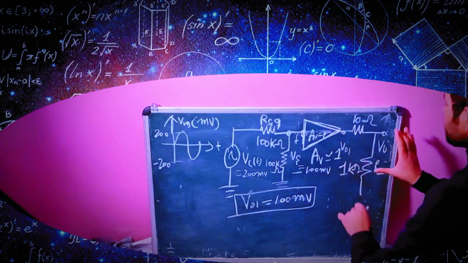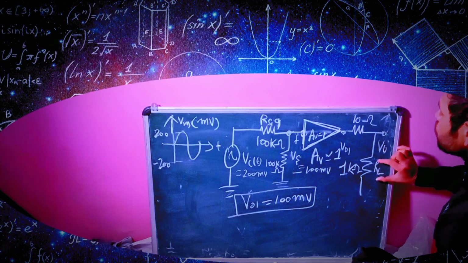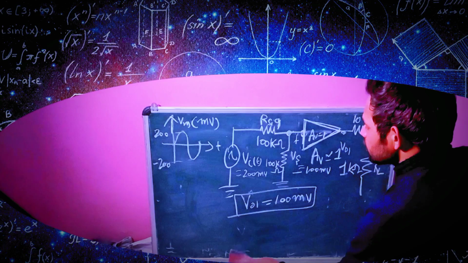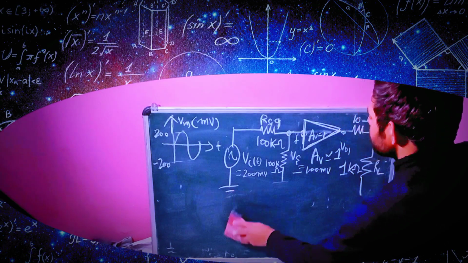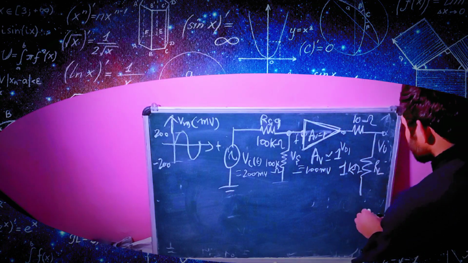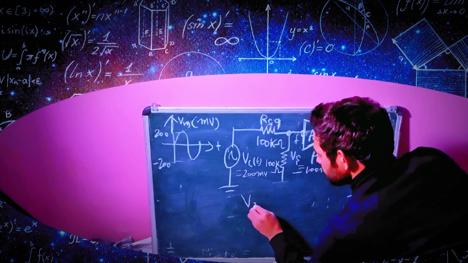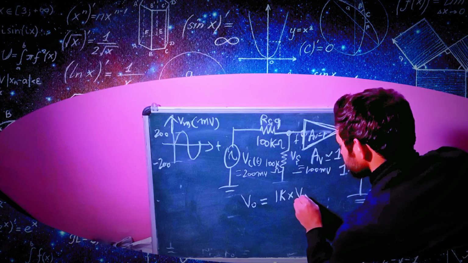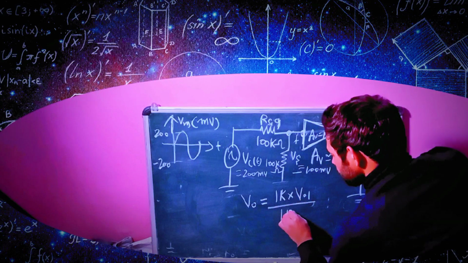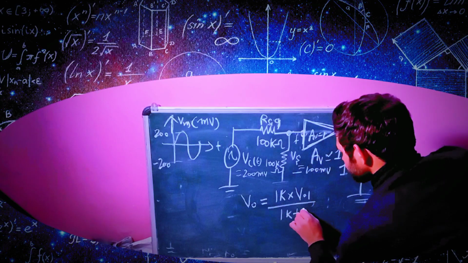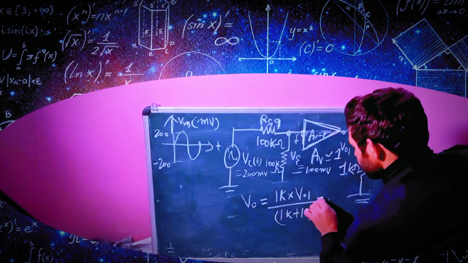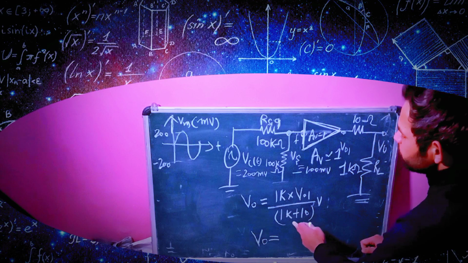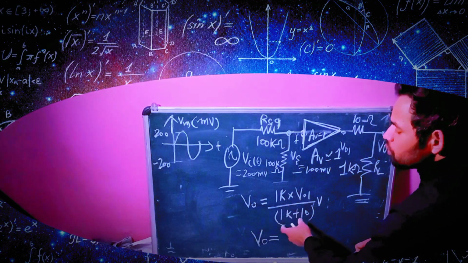Now similarly, by applying the voltage division rule across the load resistance of 1 kilo ohm, how much will we get here? V0 is equal to 1k into V01 divided by 1k plus 10. So V0 is 1k by 1k plus 10, which is approximately 1k only.